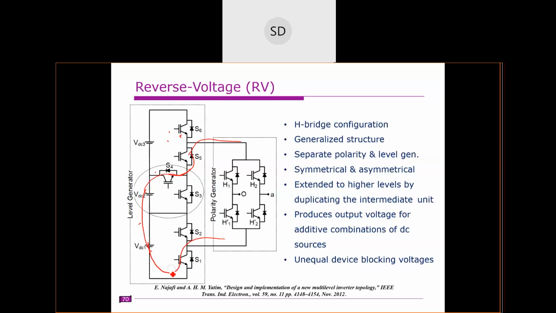Similarly, if you want 0 voltage, which switches do we need to trigger? S2, S3, S5. Yes, these 3 switches. If you trigger S3, S2, S5, the voltage will be 0.